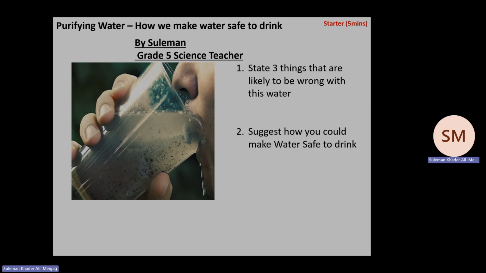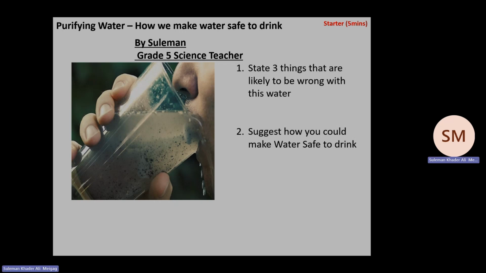Take a moment. If you have guessed the three things, number two, can you suggest how you could make water safe to drink?